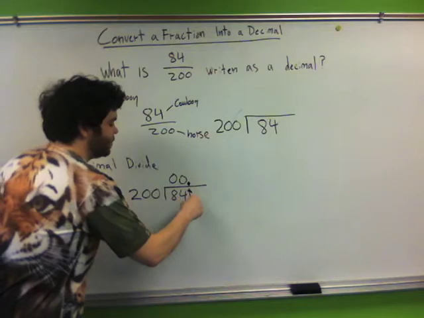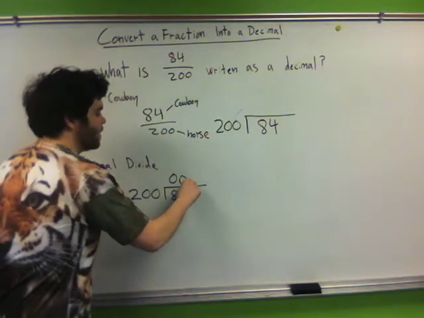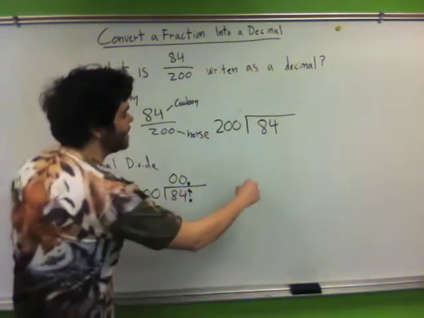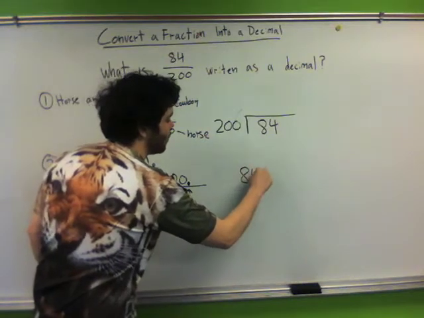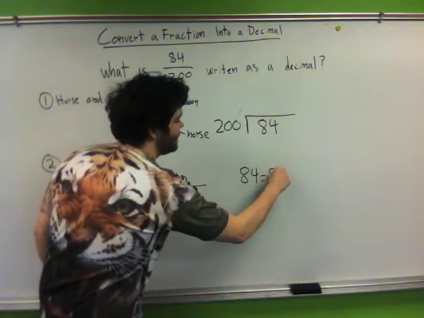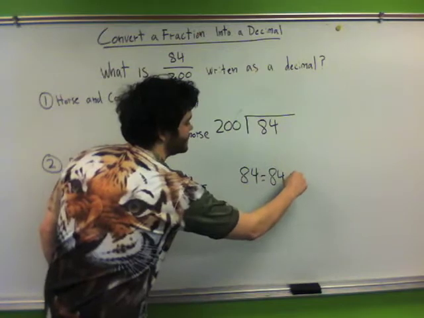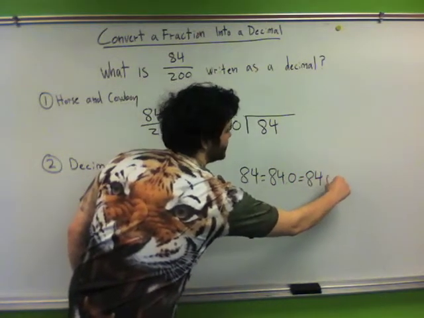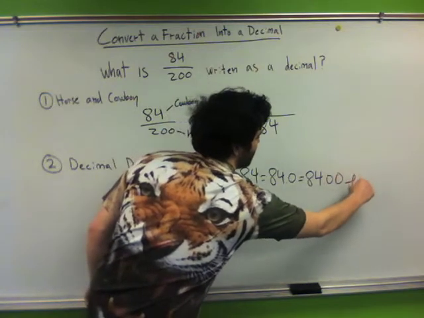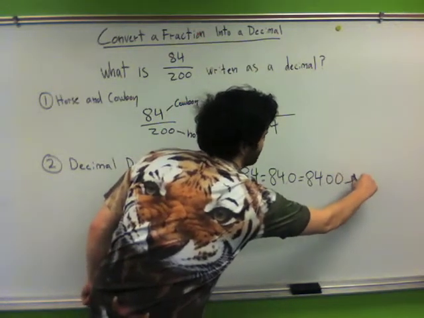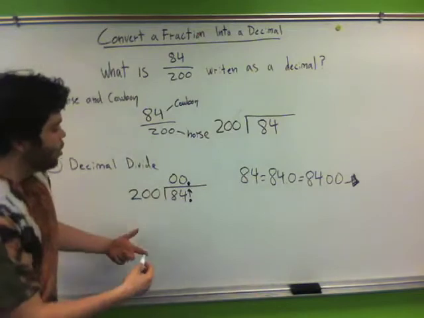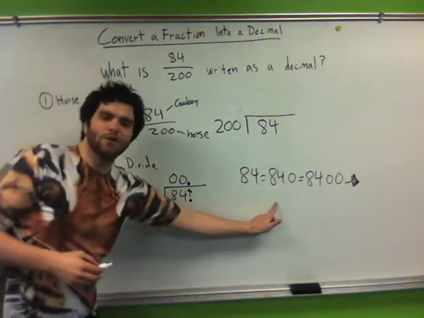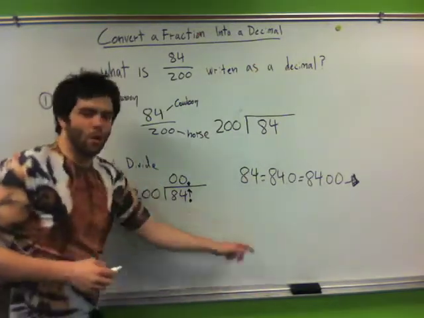So we add a decimal to the right of the 84, we throw it up top, and now, because 84 is equal to 84.0 and also to 84.00, we can add as many zeros as we want on this 84.